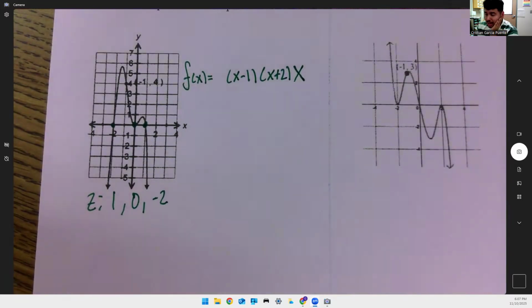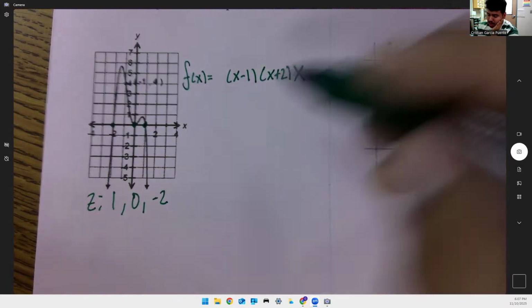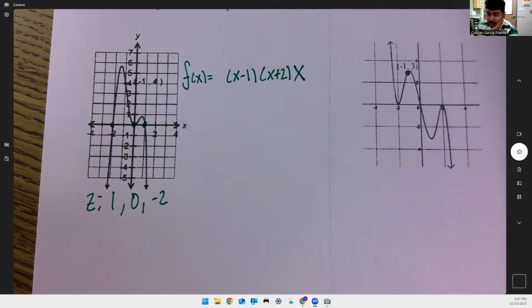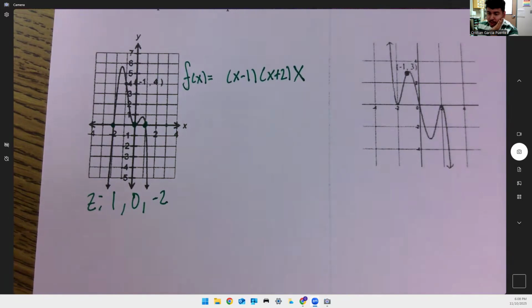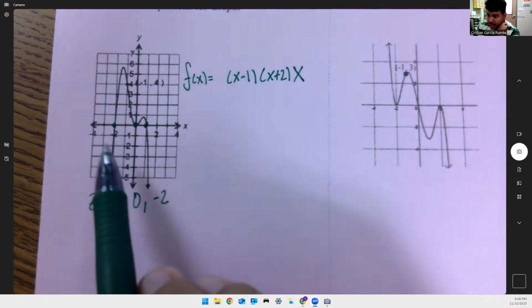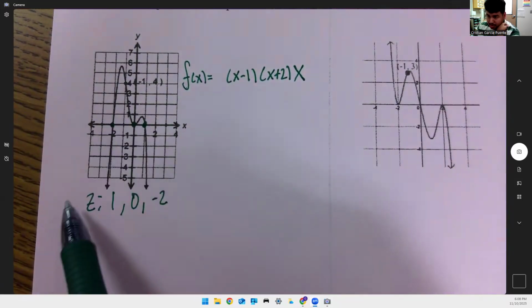But unfortunately, you're not today. First, the next thing you want to do is find out whether at that zero it's going to be a cross or a bounce. Remember, yesterday when it was a cross, we always put a 1. When it's a bounce, we always put a 2. So over here on this left one, at the zero, does it cross or bounce?